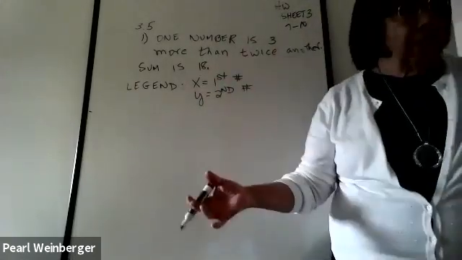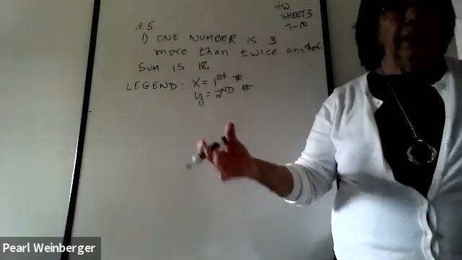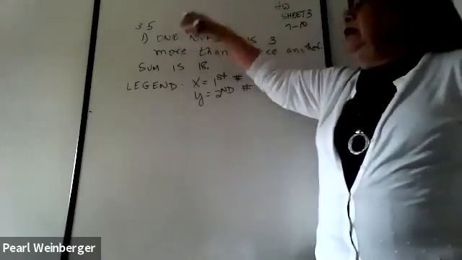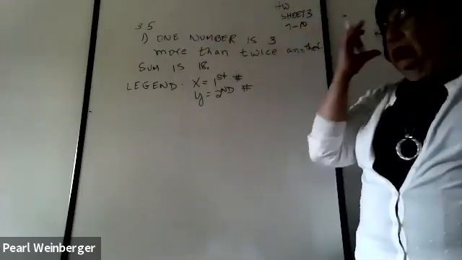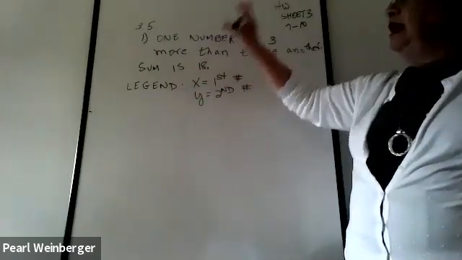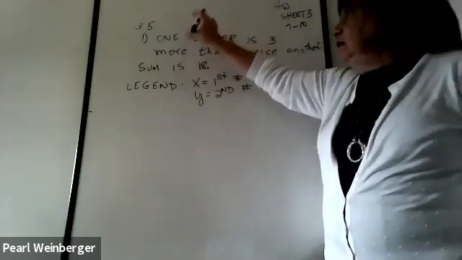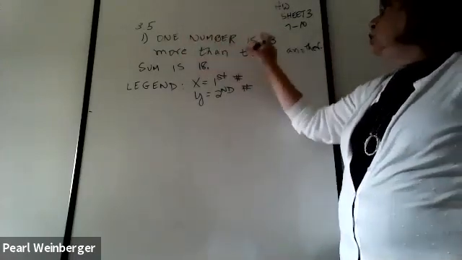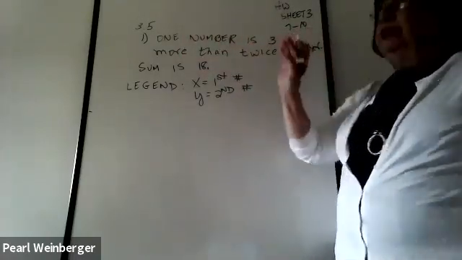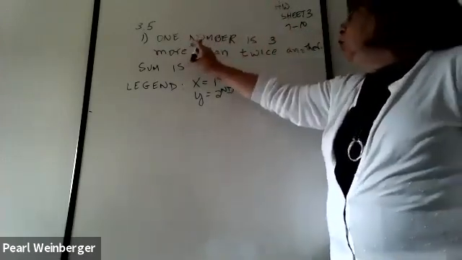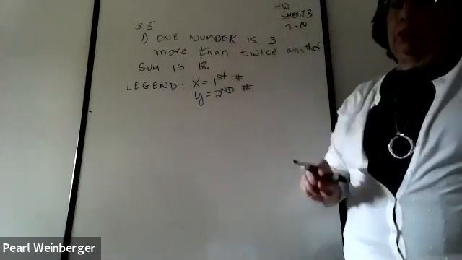My first one I'm calling x, and my second one y. And I'm going to then read the question in terms of first number and second number, so I can write x and y. So basically one number, the first number, is 3 more than twice another, the second number.